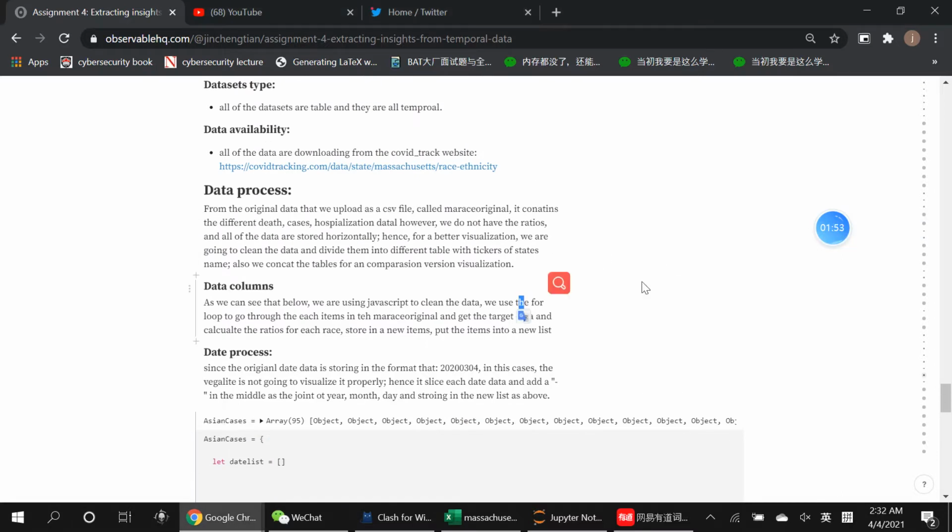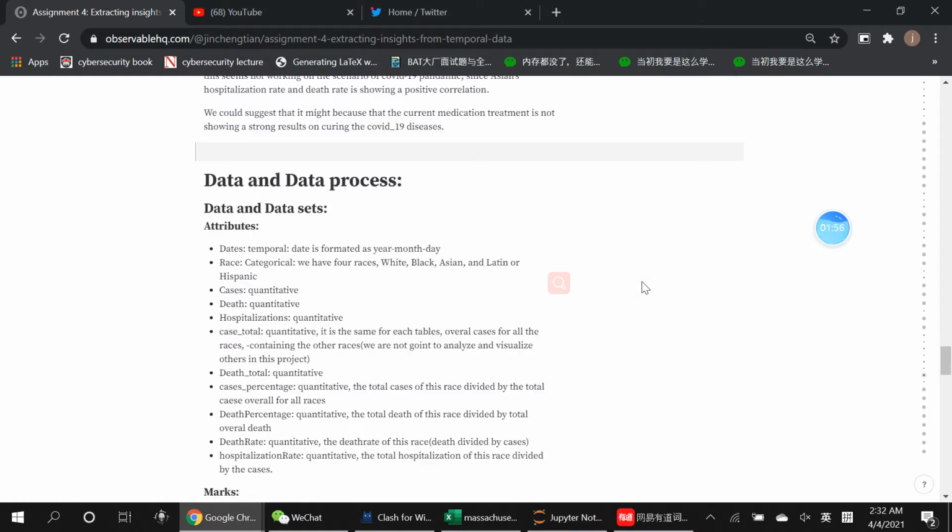For the attributes, we have the four target races, which are white, black, Asian, and Latino or Hispanic, and also the other category. These attributes are categorical, and we also have quantitative attributes, which are the cases, death, hospitalizations, the case total, which represents the total cases in Massachusetts, the death total, and the case percentage, which is the total cases of the race divided by the total cases overall in Massachusetts.